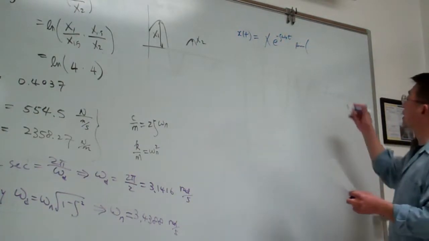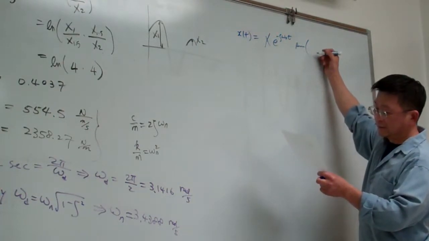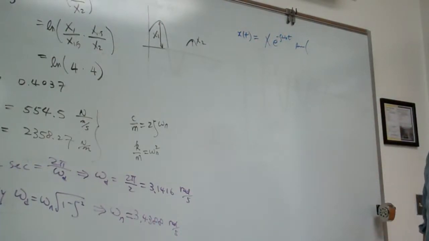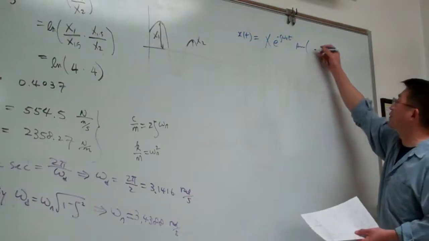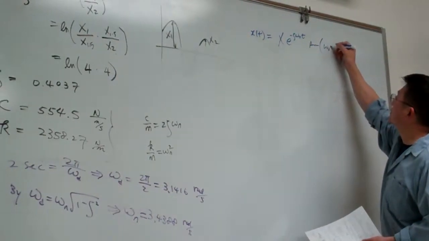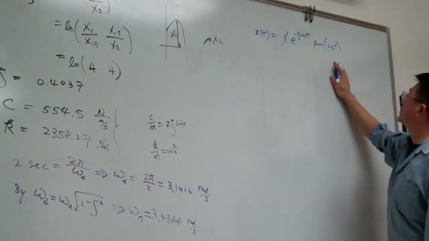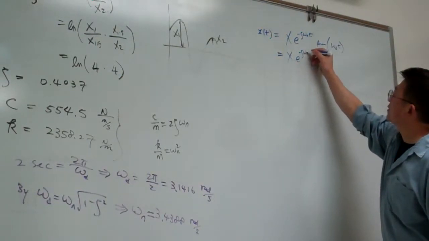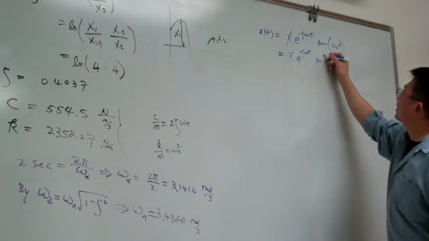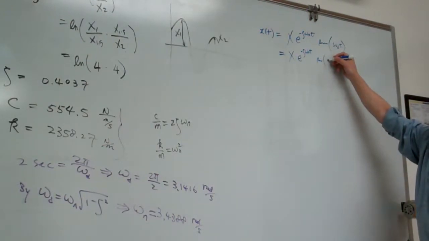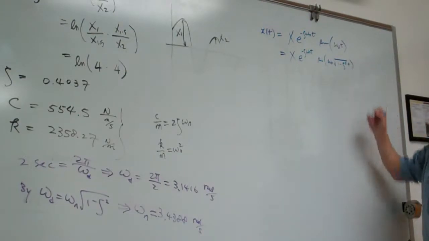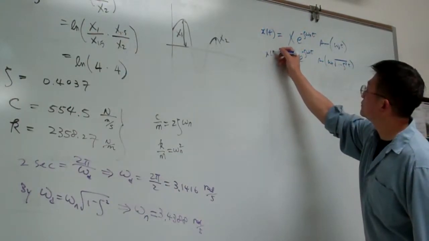Or no, I think I better follow my notes, so as not to cause another mistake. So this one is e to the minus zeta omega n t, and let me plug in omega d. Omega d equals omega n times the square root of 1 minus zeta squared. Okay, so we have this one.